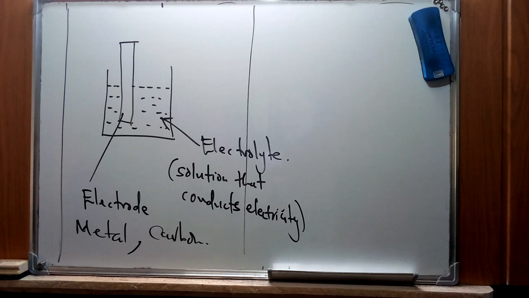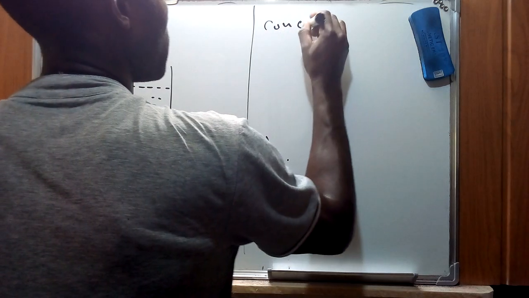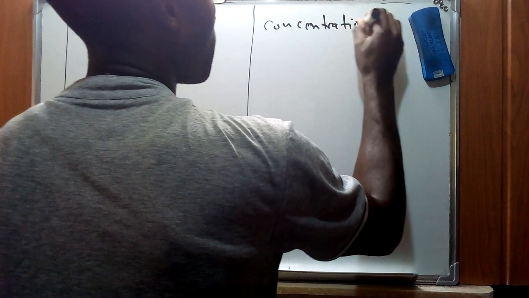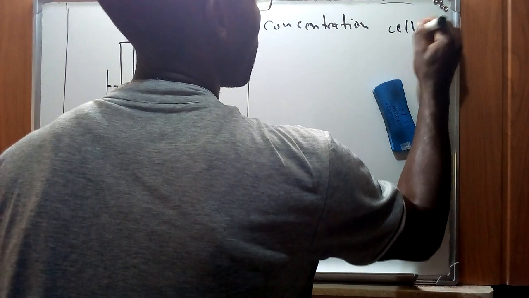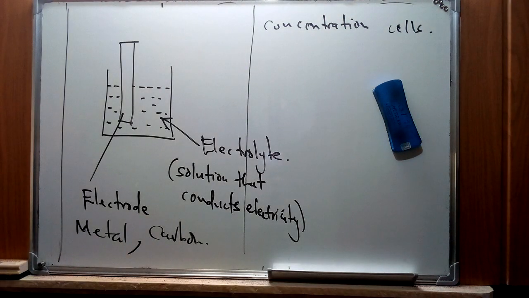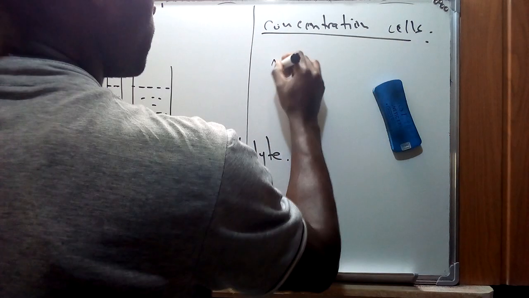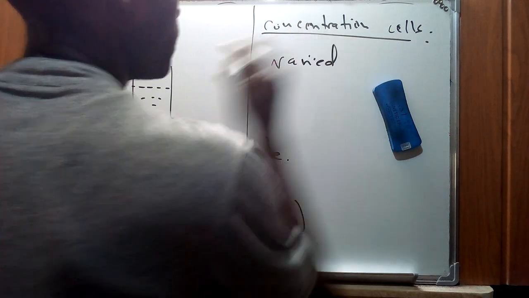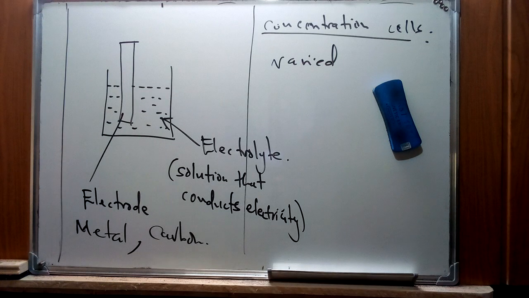So in this case, when we find that the cells that comprise two half cells with the same electrodes and electrolytes have a specific name that we call concentration cells. So these concentration cells, which have two half cells with the same electrodes and electrolytes, will have a varying concentration between the two cells.